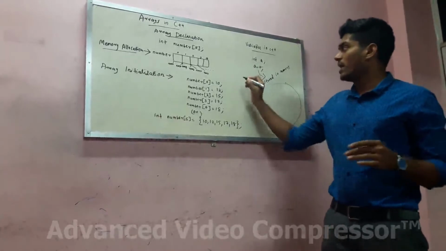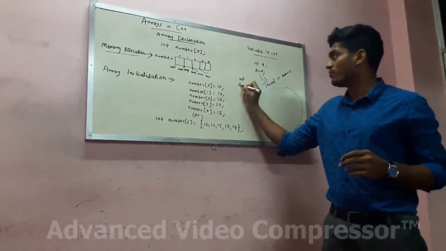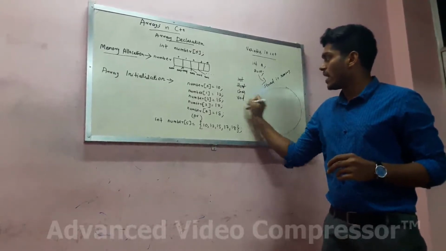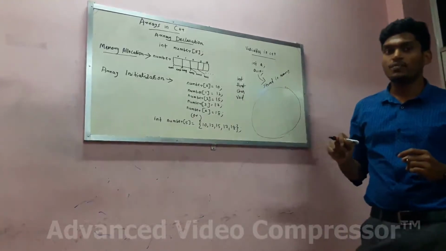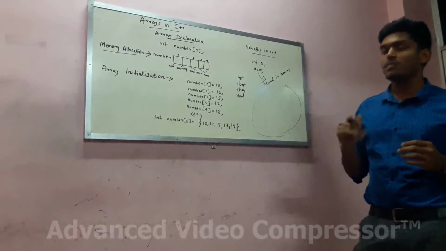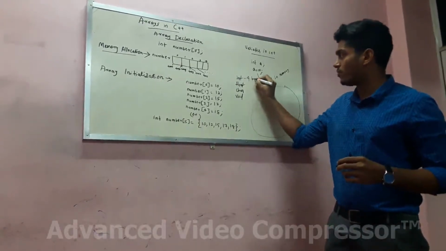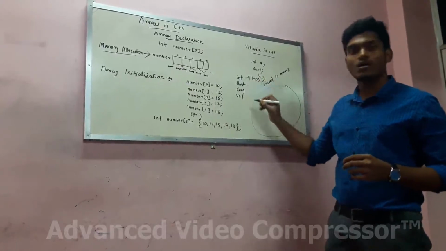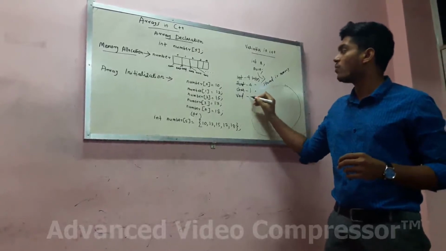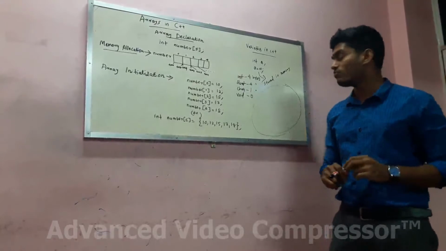In programming we have the following basic data types, that is int, float, char, void, and each of these data types needs some memory to store the data. Integer takes 4 bytes of memory. Float also takes 4 bytes of memory. Character takes 1 byte of memory, and void takes 0 bytes of memory. That means void does not take any memory.